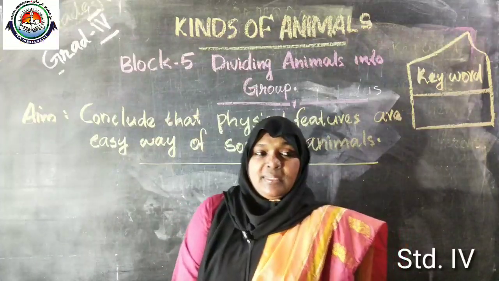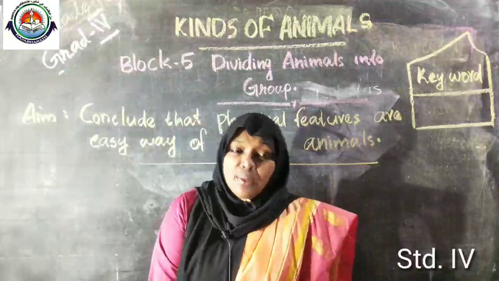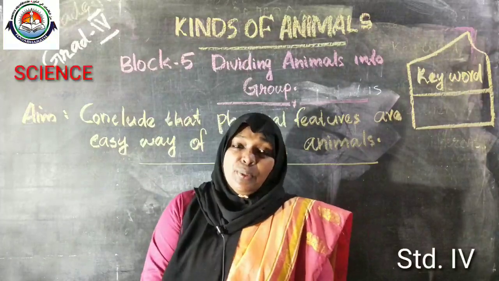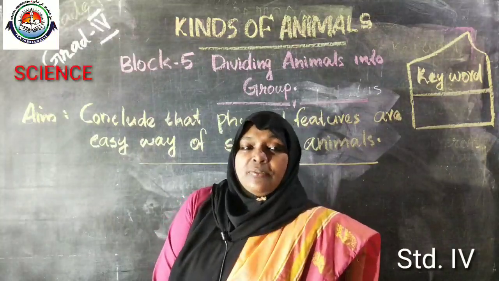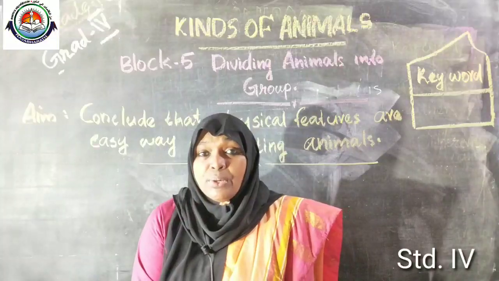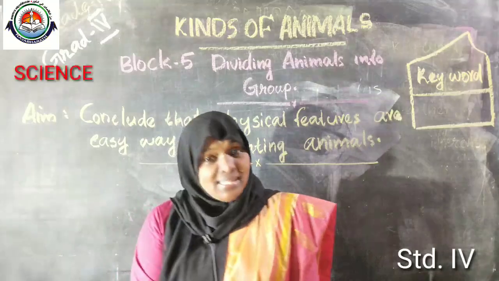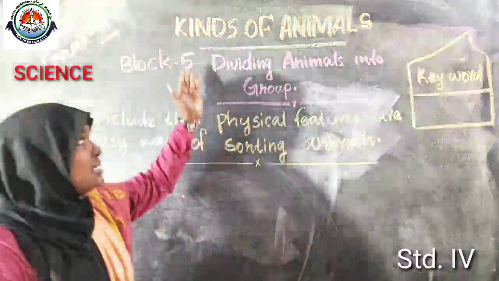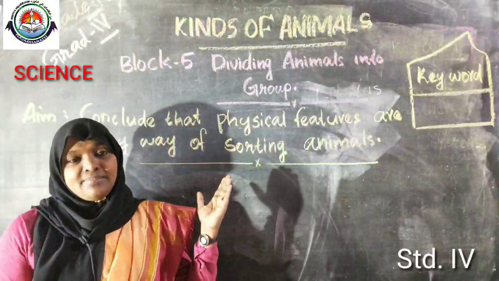Okay. Today we are going to start a new block, that is block number 5. What's the name of the lesson, do you know? The name of our lesson is Kinds of Animals.